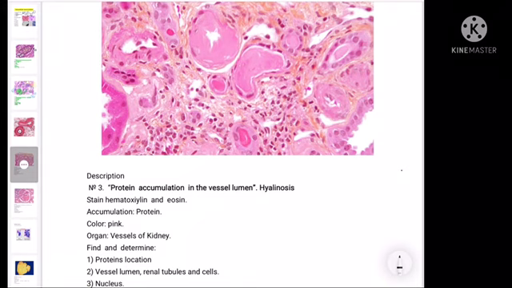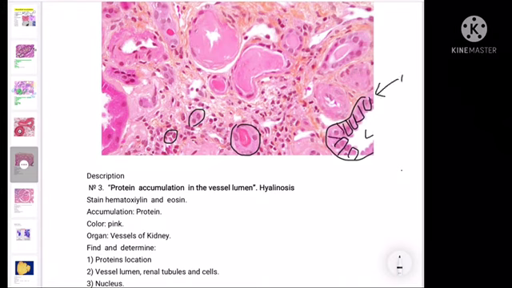Now, if we look at this image, we can find a lot of different cells in the interstitium, a vessel, a tubular network lined by epithelial lining, columnar epithelial. These are the epithelial cells. This is the lumen of the tubule.